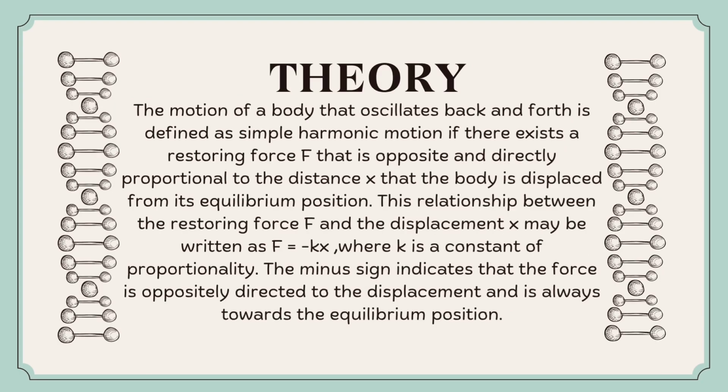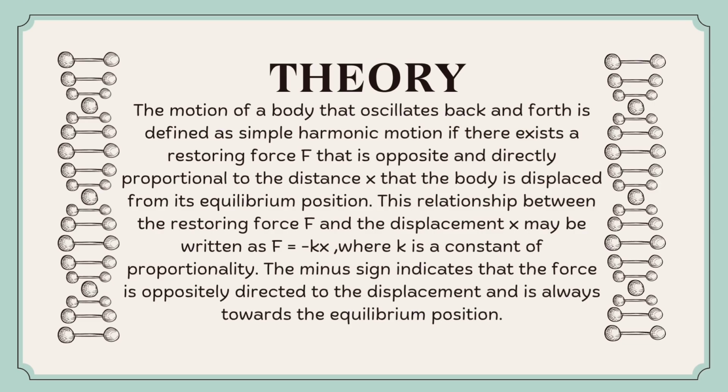The theory of this experiment is that the motion of a body that oscillates back and forth is defined as simple harmonic motion if there exists a restoring force F that is opposite and directly proportional to the distance x that the body is displaced from its equilibrium position.